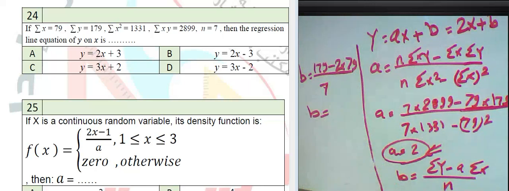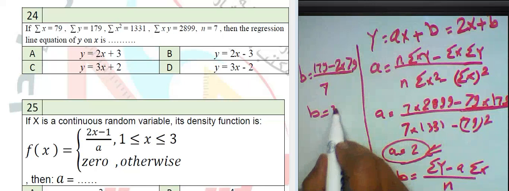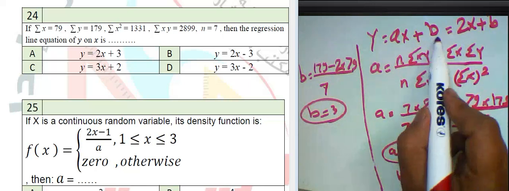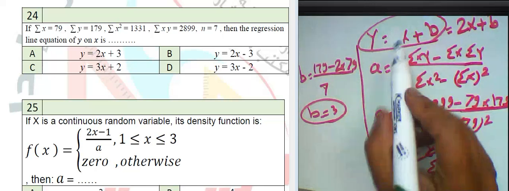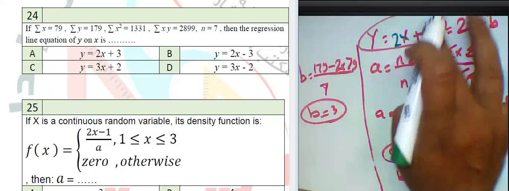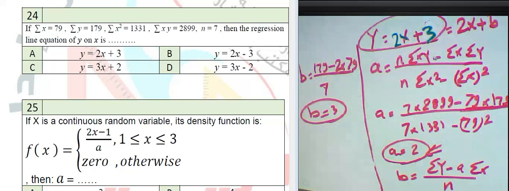You can use a calculator to find the result: b equals 3. Then the relation y equals ax plus b, replace a with 2 and b with 3. The relation will be 2x plus 3. Choose letter E.